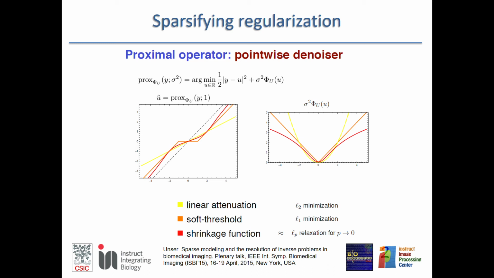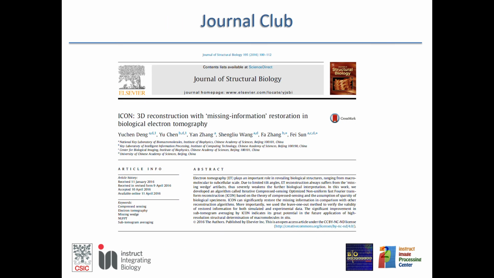For instance, you take your volume, take the wavelet transform, apply the proximal operator there, and then compute the inverse wavelet transform. These schemes have been shown to converge to the right structure.